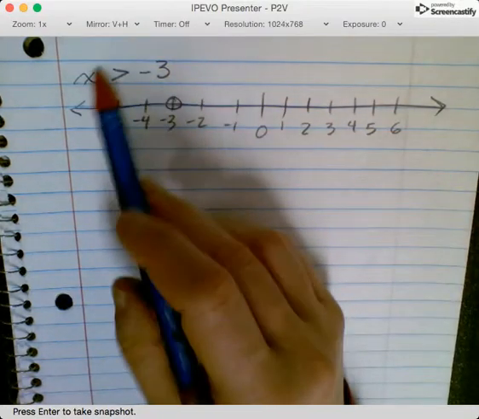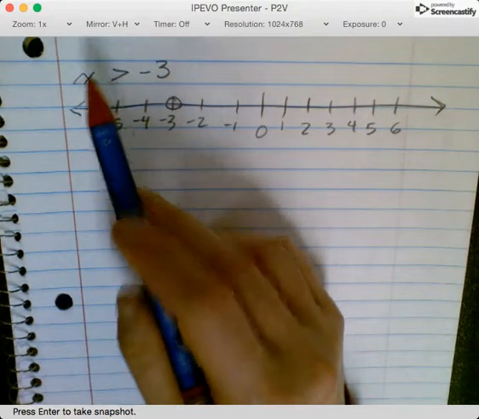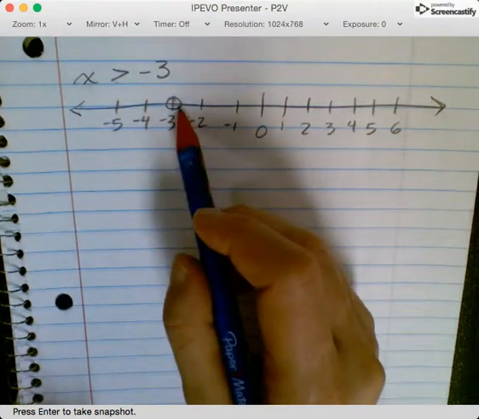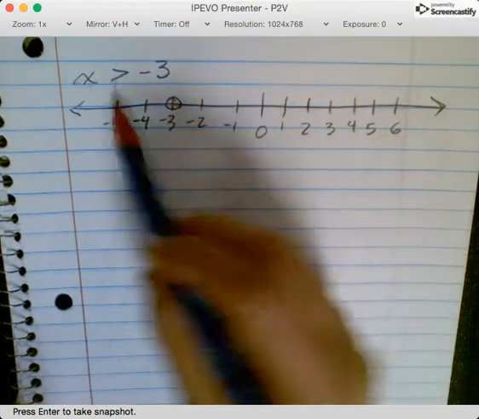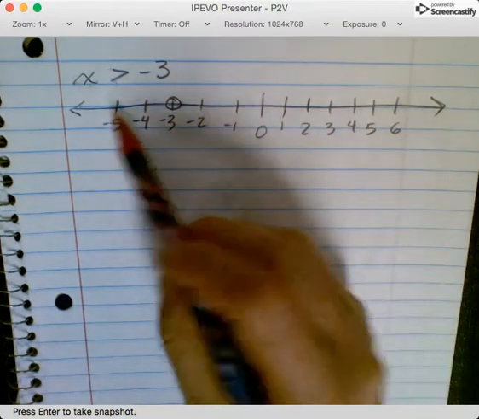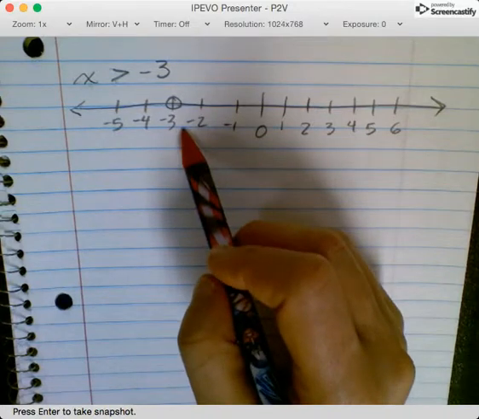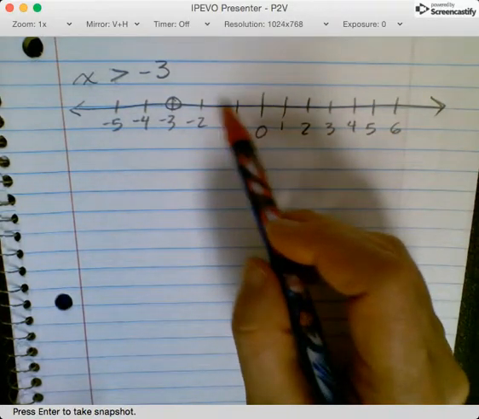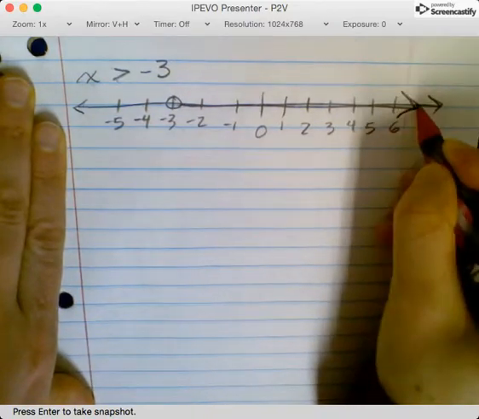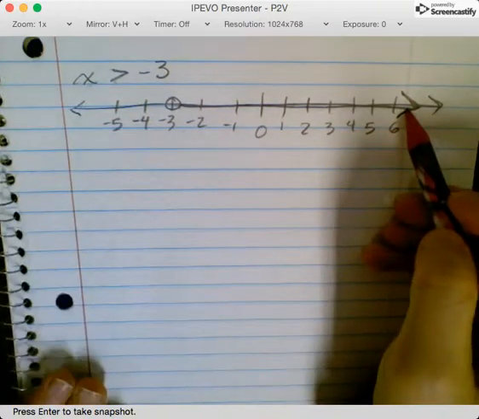Now, in order to figure this out, if my variable is on the left here, there's kind of a trick. So x is greater than -3. That means it's bigger. That means x is going to be to the right. And so my arrow would go to the right.